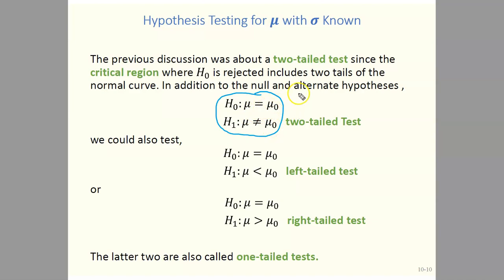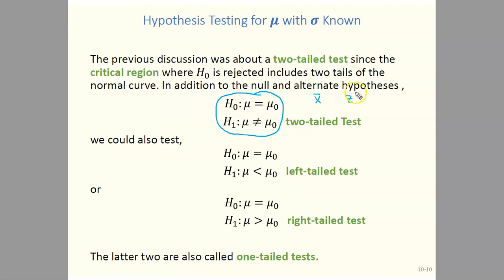So that means that if we calculate a sample mean, and then from that we calculate a test statistic z, if our sample mean falls significantly to the left or right of mu naught, then we reject the null hypothesis.